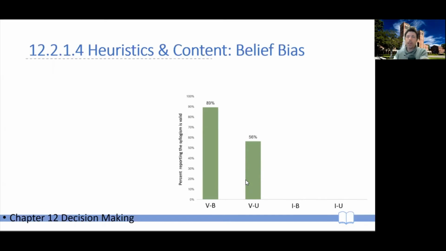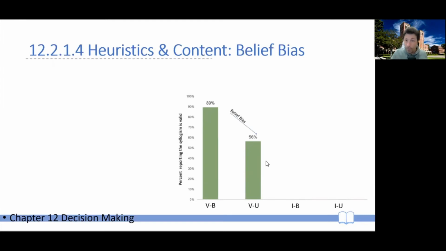And yet, just because the last statement in this argument is not true, we somehow confuse it for meaning that the argument is invalid. And this difference between when we accept the same logical form as true because the conclusion is believable, versus when we accept it less because the conclusion is non-believable, is known as the belief bias.